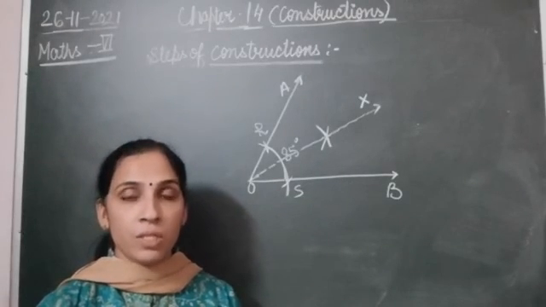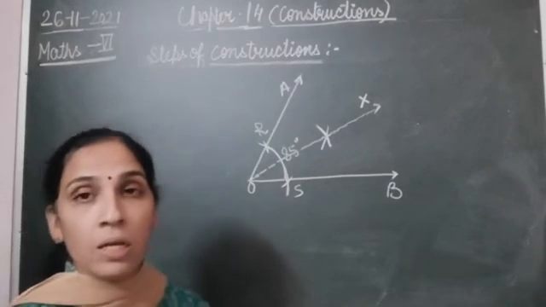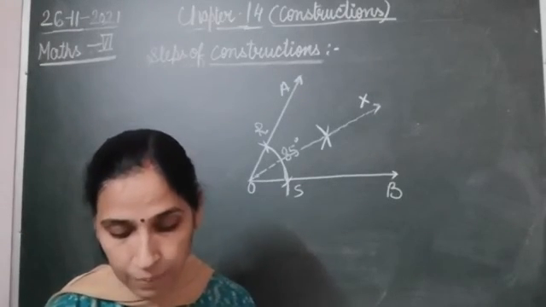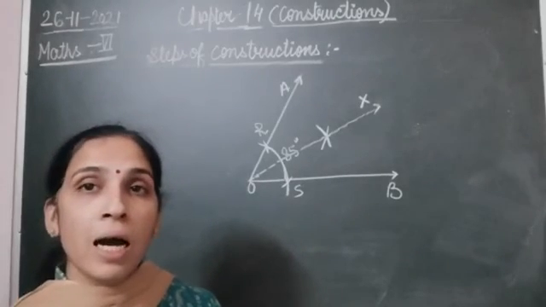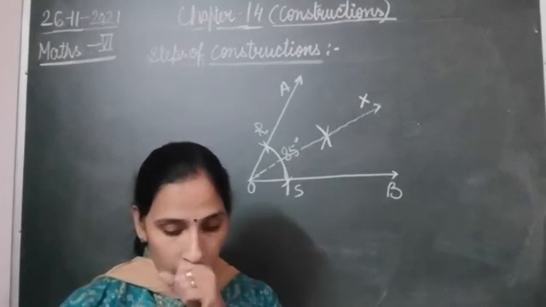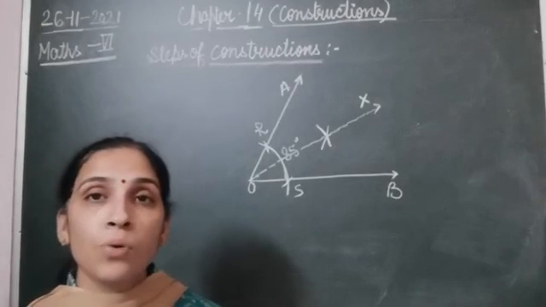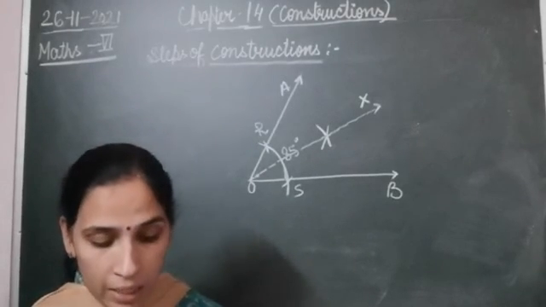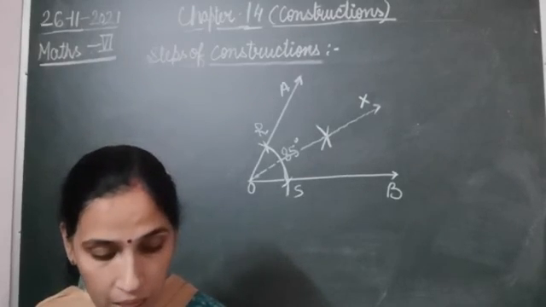Today I will finish the class here, but you need to practice these questions: how to draw different angles using a protractor and their bisectors, how to draw a perpendicular bisector, and how to draw an angle equal to a given angle.